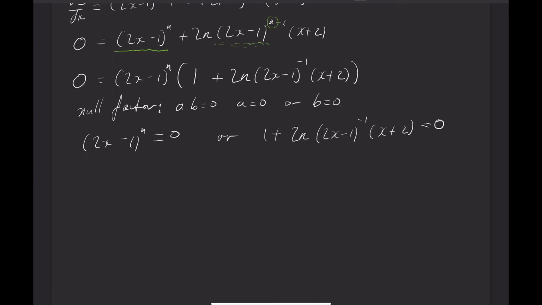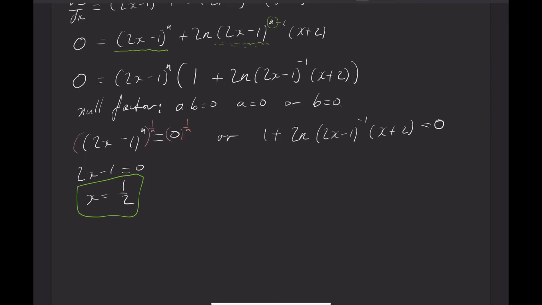Because this thing equals 0, if I raise both sides to the 1 on n, 0 to the 1 on n is just 0, so I get 2x minus 1 equals 0, x equals 1/2. So that's my first stationary point: there's a stationary point at x equals 1/2.